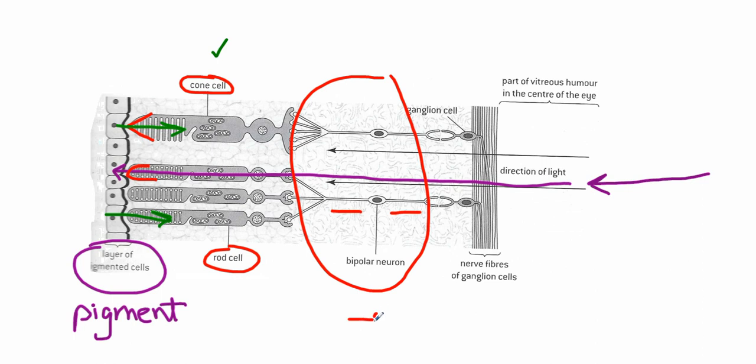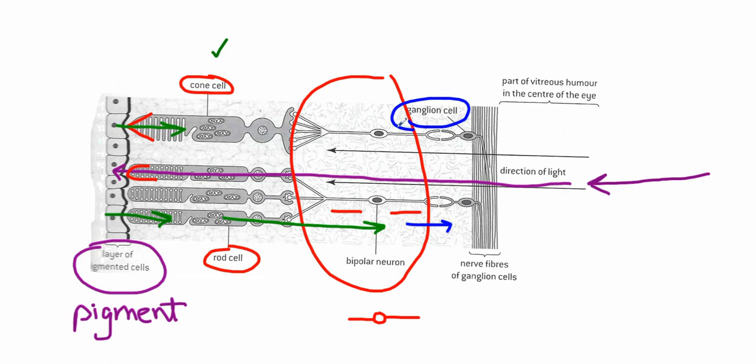So bipolar means they have two pieces coming off the nucleus. The signal gets chemically passed over to these cells, which convert the chemical signal into an electrical signal. That goes to the next set of cells, called ganglion cells.